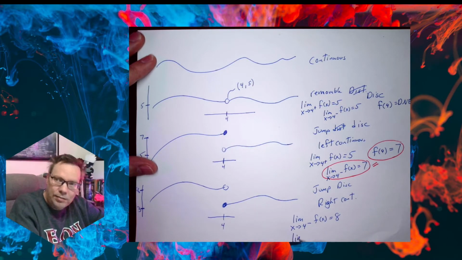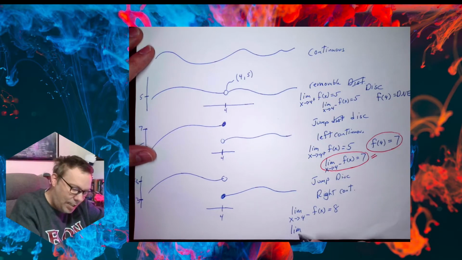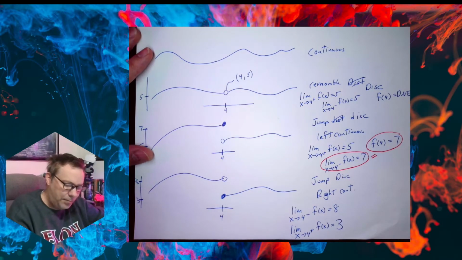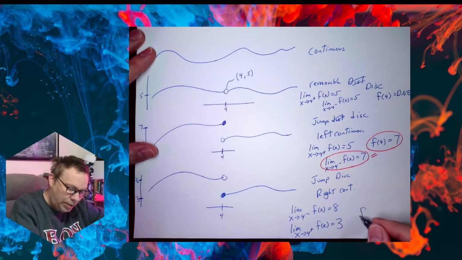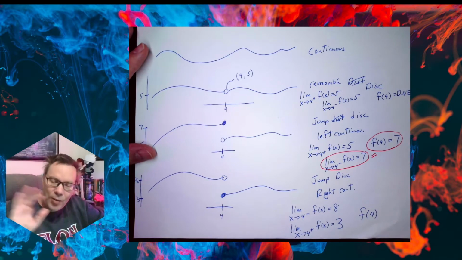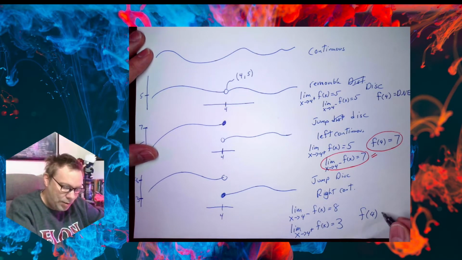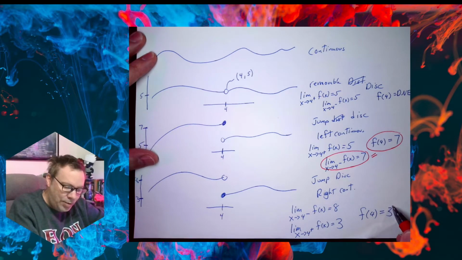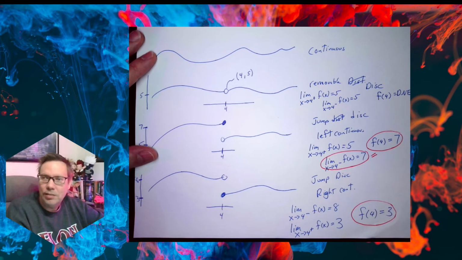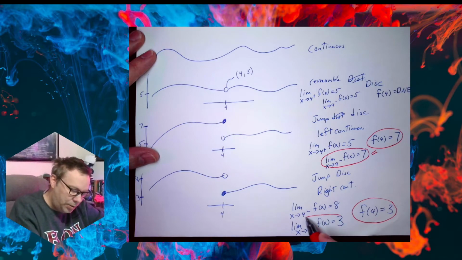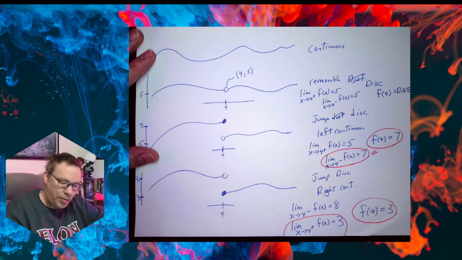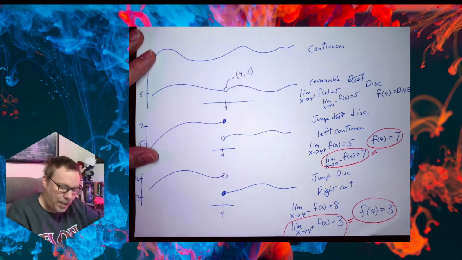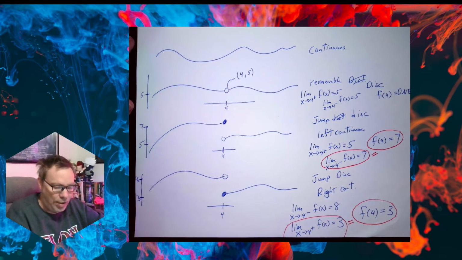The limit as x approaches 4 from the right of f of x is equal to 3. The functional value, f of 4 itself, no limits involved, is equal to 3. I want you to notice that the functional value is equal to the right-hand limit here, and that's why we're going to call this right continuous.